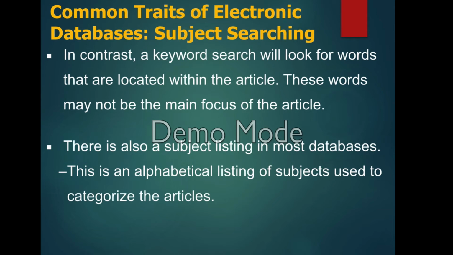These words may not be the main focus of the article. So when you use the subject, the type of information that you'll be able to access will be precise because the subject focus is the area that the database will be able to serve and get the information for you. There's also a subject listing in most databases. This is an alphabetical listing of subjects used to categorize the articles.